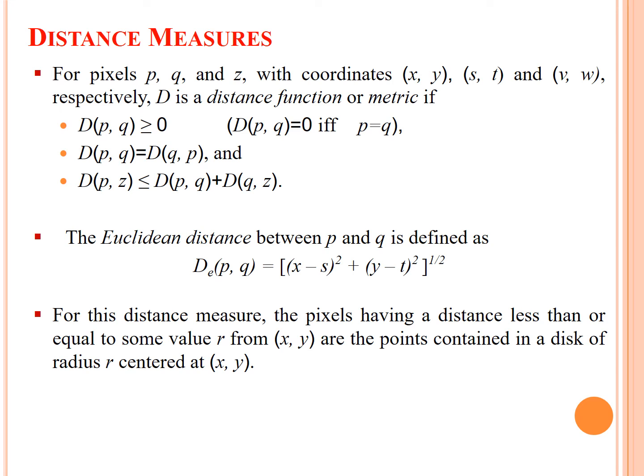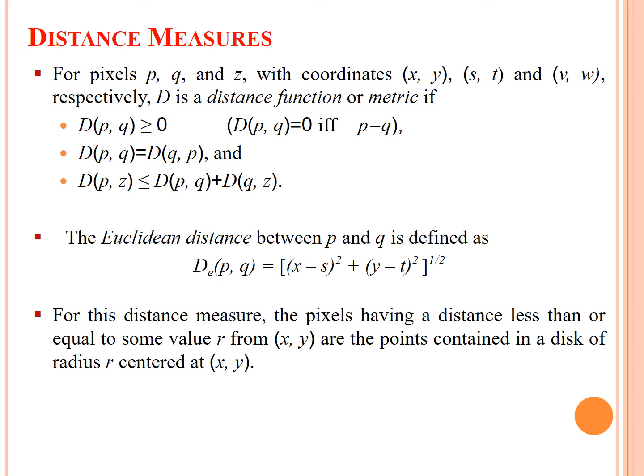Now, distance measures for pixels P, Q and Z with coordinates (x, y), (s, t) and (v, w) respectively. D is a distance function or metric if, first, D(p,q) ≥ 0, and D(p,q) = 0 if and only if p = q. Second, D(p,q) = D(q,p), and third, D(p,z) ≤ D(p,q) + D(q,z).